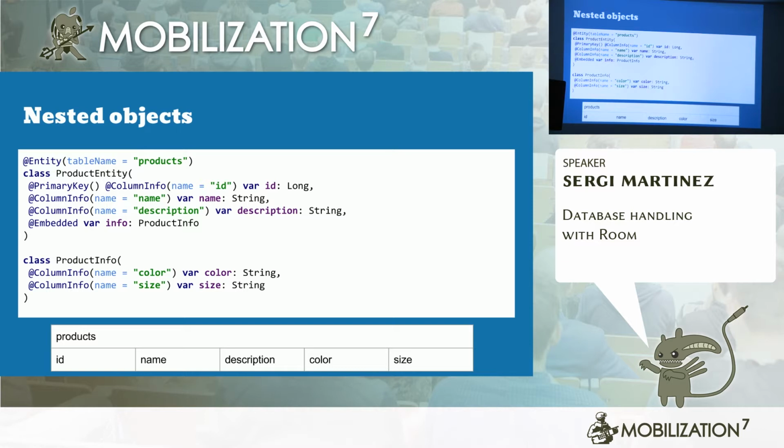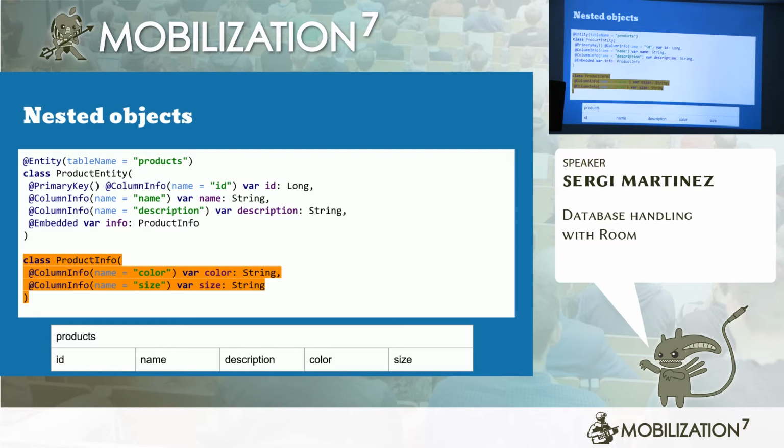So what we have is a product entity class and a product info class. The product info class has just 2 columns, color and size, same as in the table. But in the product entity, we say that we have an embedded object of type product info, the one at the bottom.